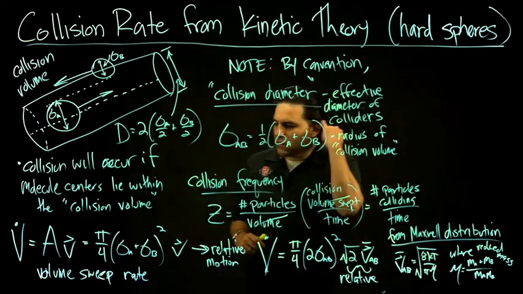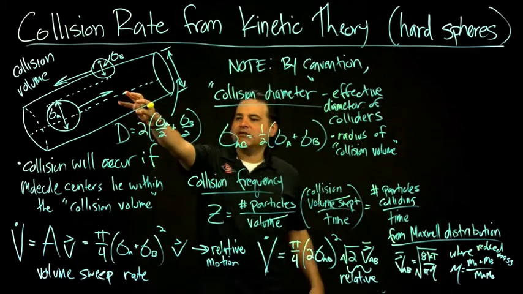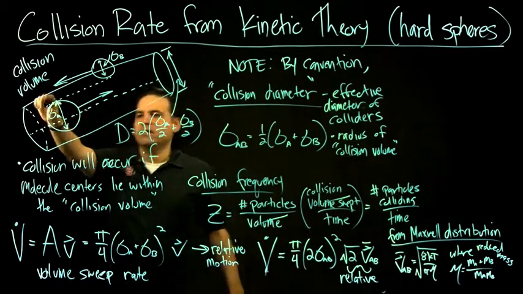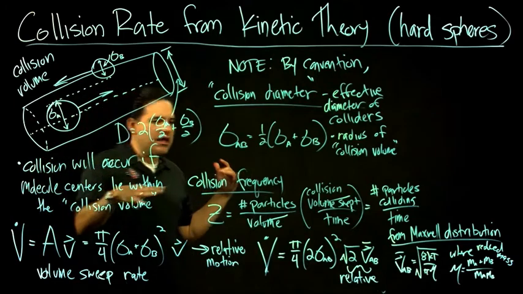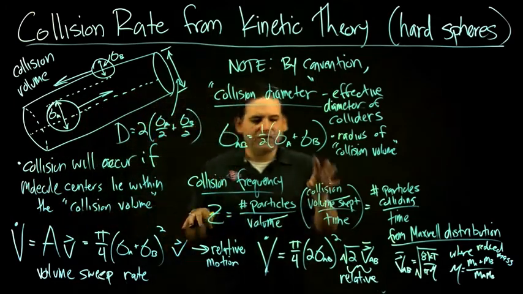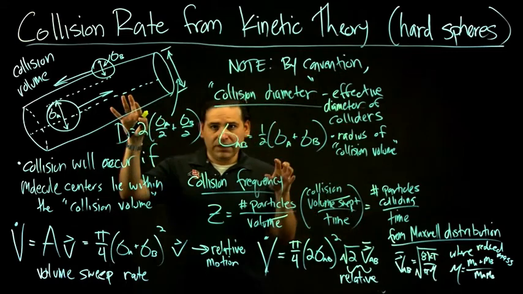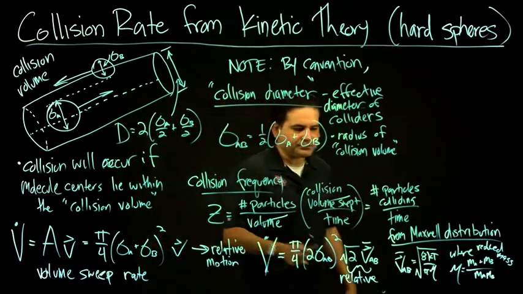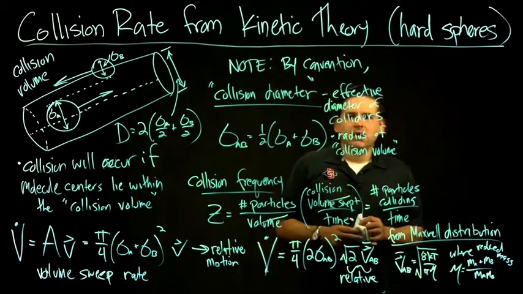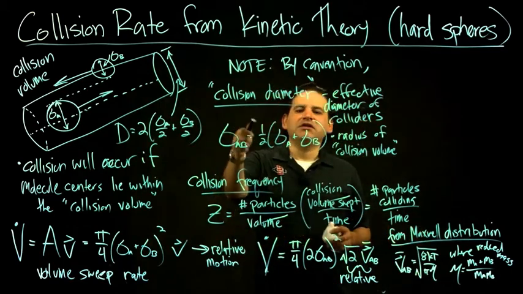Okay. So we have these particles colliding. In terms of the hard spheres, we are saying that this hard sphere radius determines a volume that they sweep, and the collision frequency depends on that volume and the number density of particles in the whole space you're considering. And then we define this collision diameter.